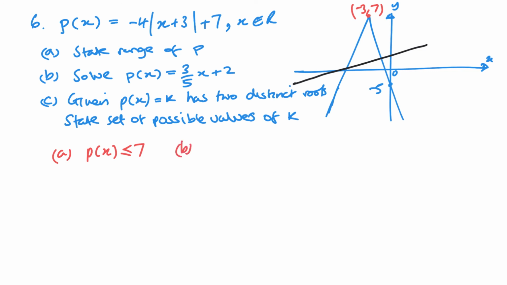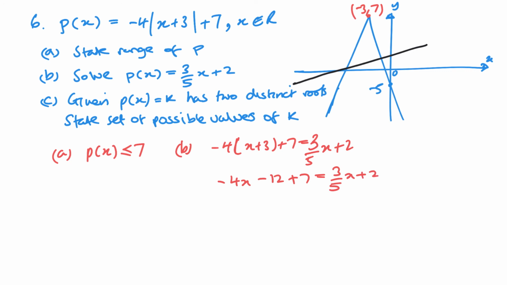So I've got minus 4 brackets x plus 3 plus 7 equals 3/5 x plus 2. To solve this one first, minus 4x minus 12 plus 7 equals 3/5 x plus 2.